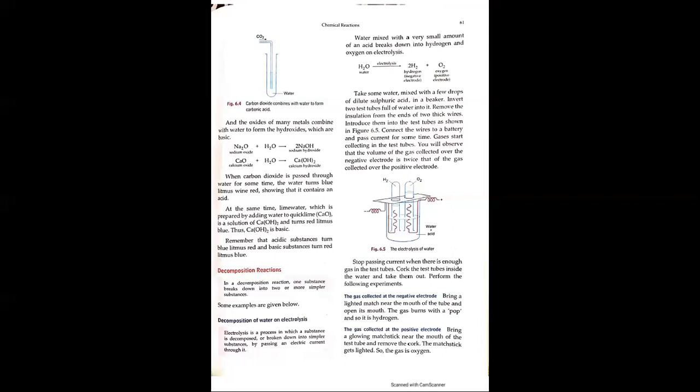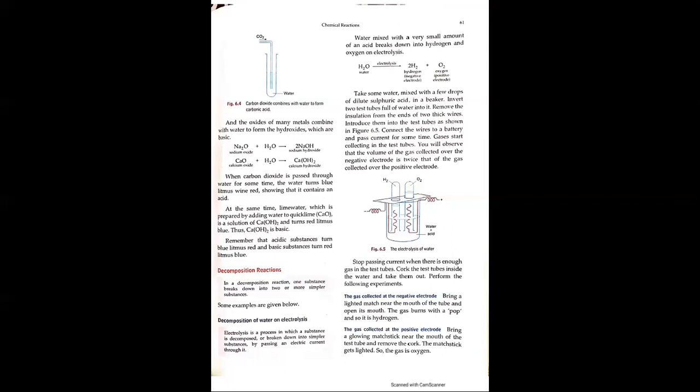Hydrogen will be collected at the negative electrode and oxygen at the positive electrode. We add some acid to water, or you can say we make the water acidulated, so that it is easy to conduct the reaction. The gases start collecting in the test tube.